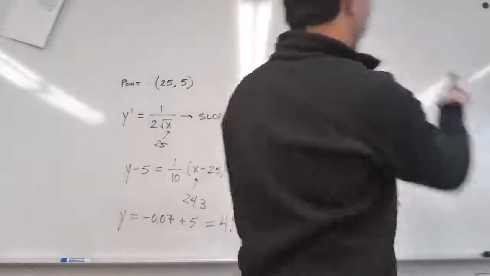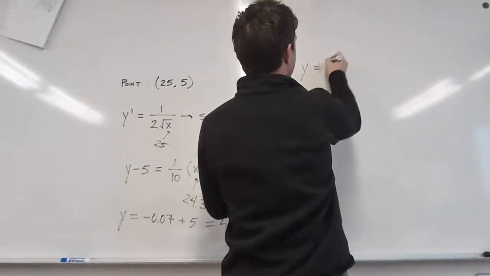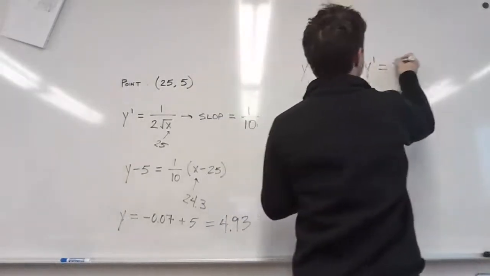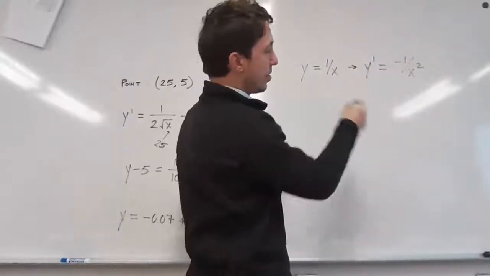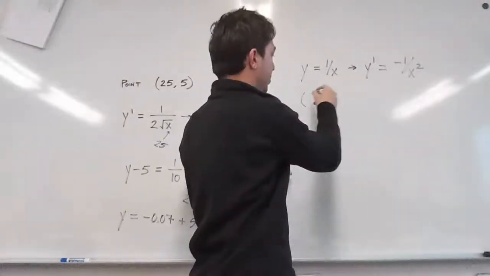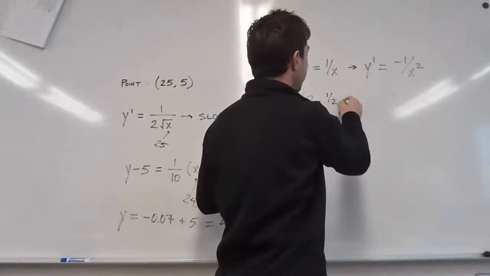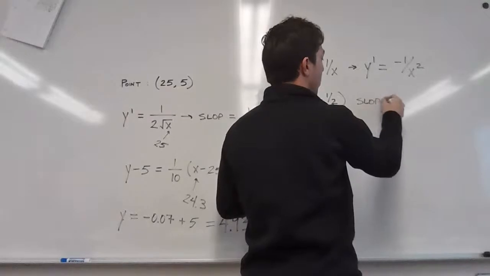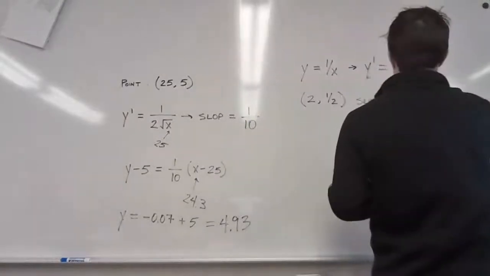Okay, let's just do number 5. So you got the function 1 over x, so y equals 1 over x. Your derivative is negative 1 over x squared. So let's get our point and our slope. Our point is when x is 2, y is 1/2. And our slope is negative 1/4.